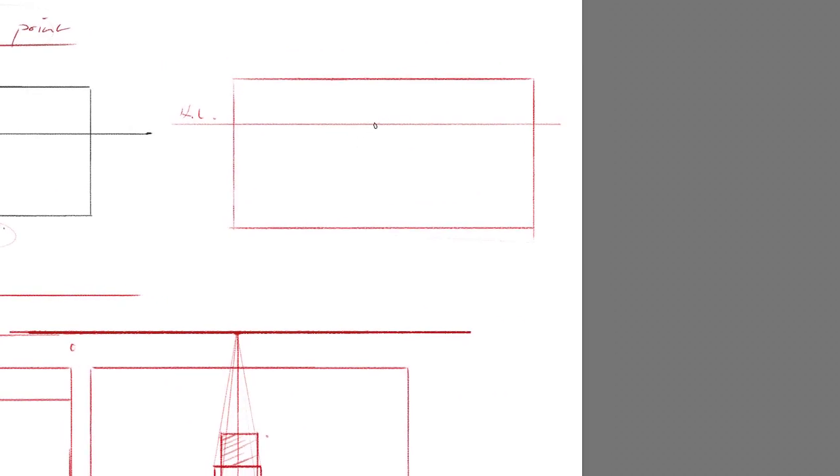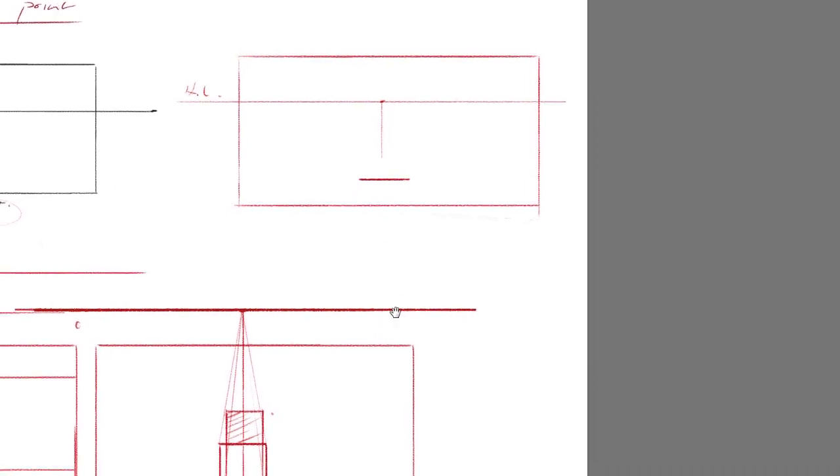Okay, so I'm going to do a horizon line and a vanishing point. Okay, normal setup, and I'm going to choose the bottom of my box, and now I can't just go parallel up with this line. This line needs to converge to a point below or above.